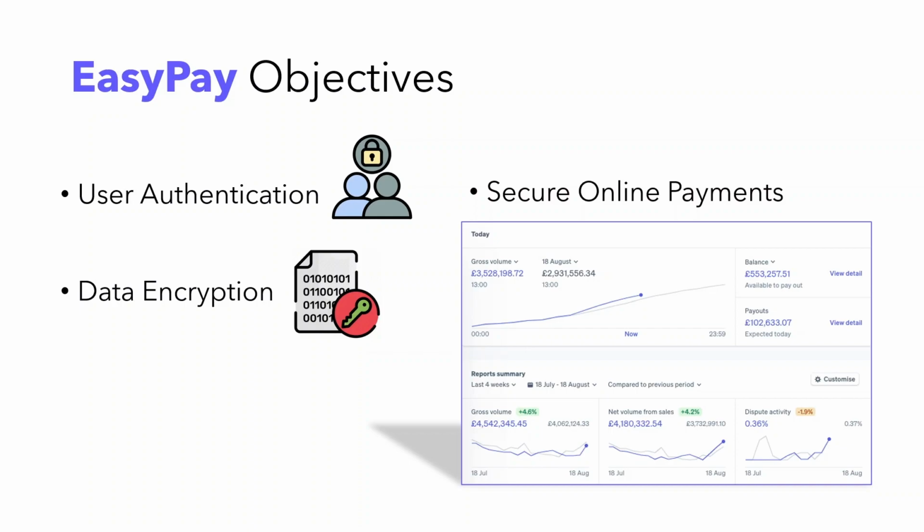We had to encrypt the data in our database in case a hacker or someone who is not supposed to access the database gets hold of it, so they won't be able to easily decrypt the Stripe API keys or passwords. Now, Stripe API keys can be regenerated, but we wanted to encrypt them just to avoid any sort of data leakage. And the last objective of EasyPay is to secure online payments.